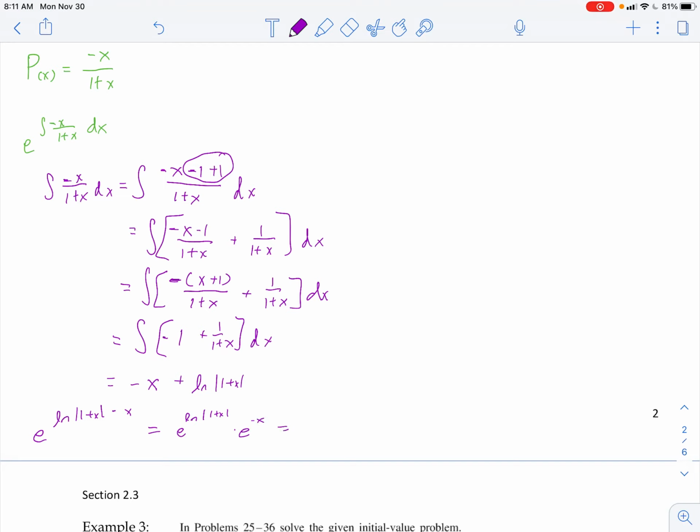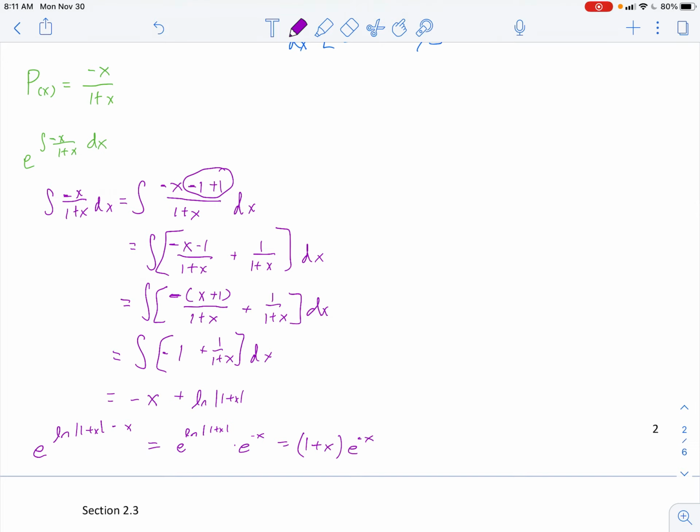I'm just breaking up that minus x to be times e to the negative x, or I could say divided by e to the x. That way I can write e to the natural log of 1 plus x as just 1 plus x, times e to the negative x. All right, so now I know that my integrating factor, e to the integral of negative x over 1 plus x dx, is just going to be 1 plus x times e to the negative x.